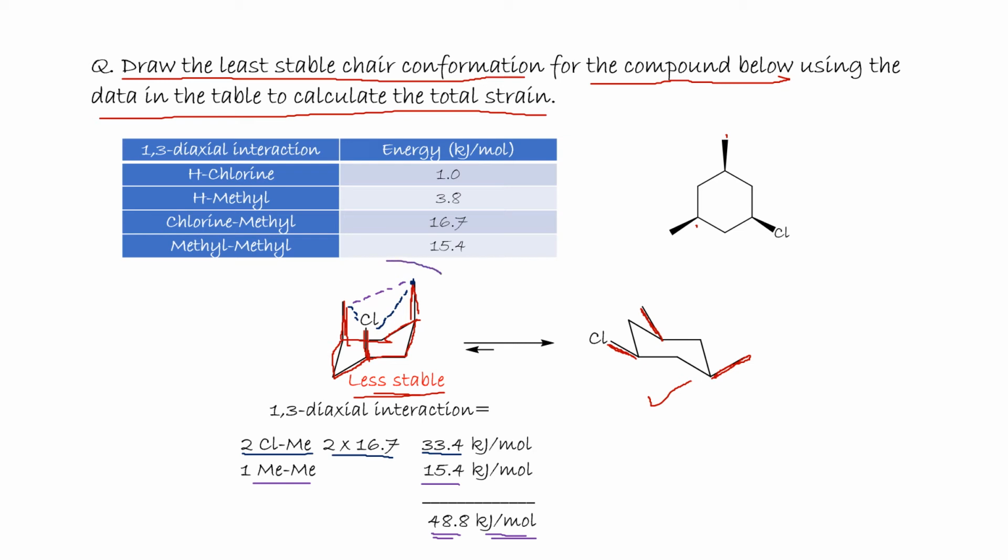So this is the less stable, and the approximate difference in energy between them is 48.8.